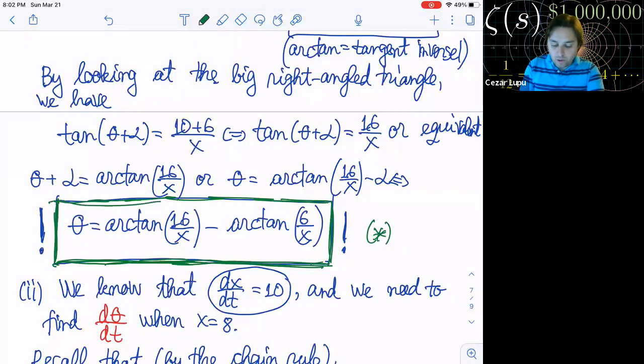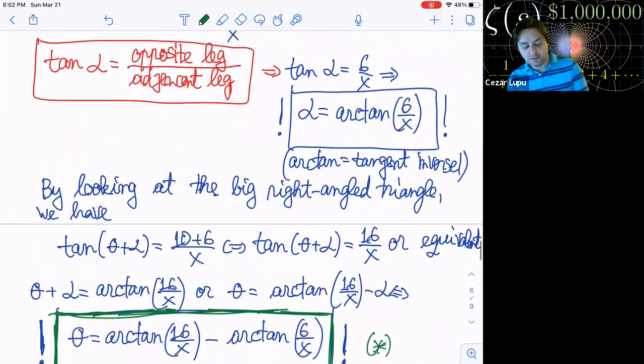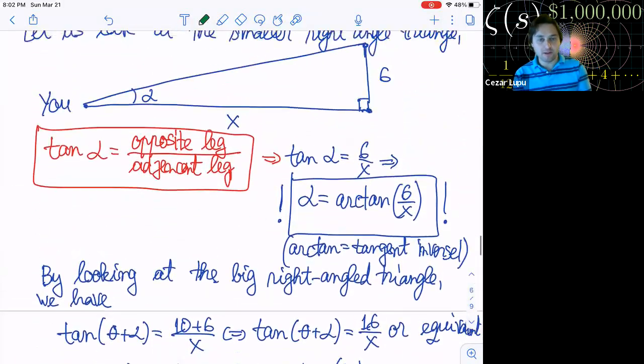So I have a question, what was the difficult part? To get to this relation or starting from here? So what was a difficult thing to do? Was it more difficult to get to relation star or the other way around?